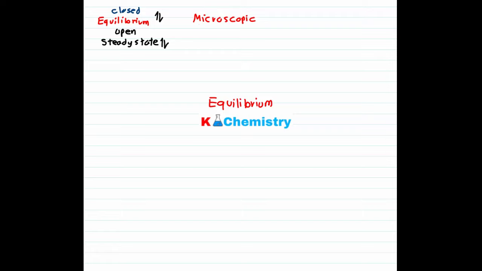And the macroscopic processes are the processes that I can see and measure, like the color, the pressure, the volume, the concentration. In the equilibrium, these macroscopic processes stop. I don't see any changes happening. In the equilibrium, all the microscopic processes continue to happen, although there are no macroscopic changes.